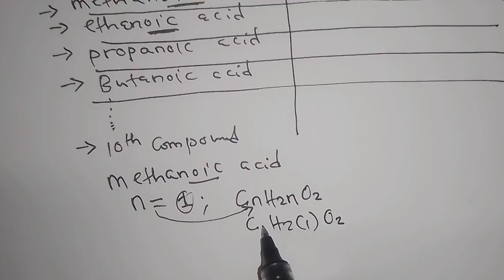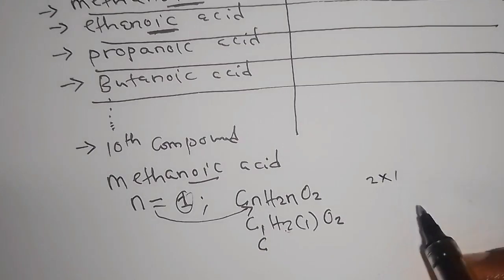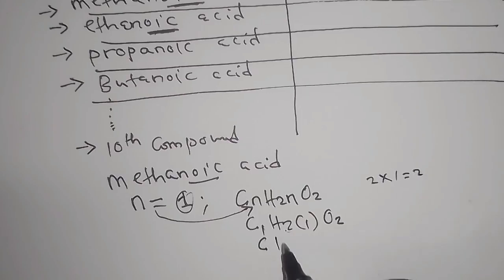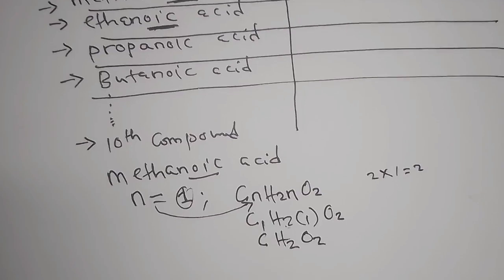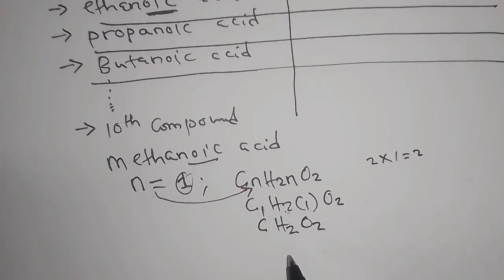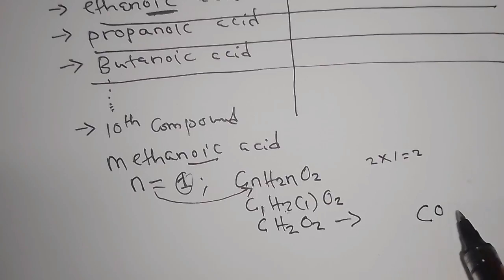When the number on the carbon is 1, just ignore it and just say C, then 2 times 1 equals 2, so this is going to be H2, then O2. Now we can write this one properly. First, start with the functional group, which is COO.